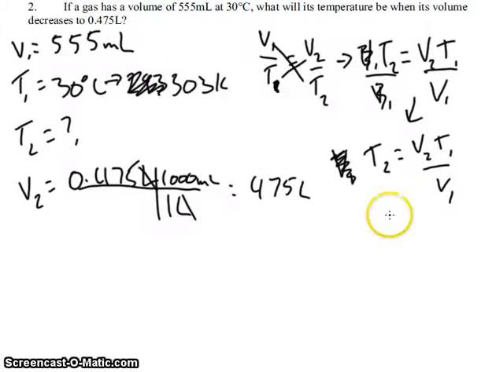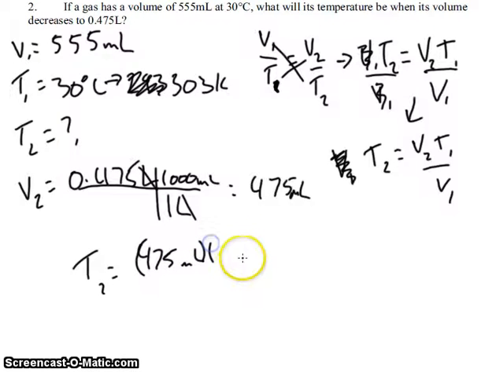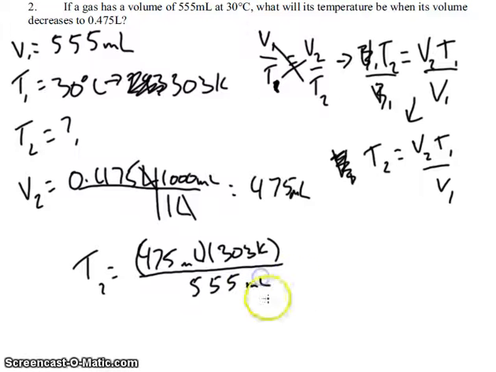Now we're ready to plug our numbers in. So T2 is equal to my V2, which was 475 milliliters, times my T1, which was 303 Kelvin, over my V1, which is 555 milliliters.